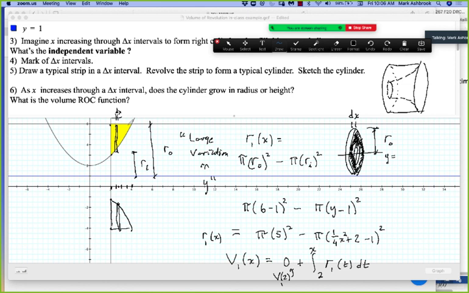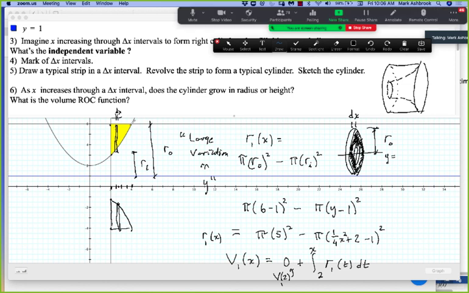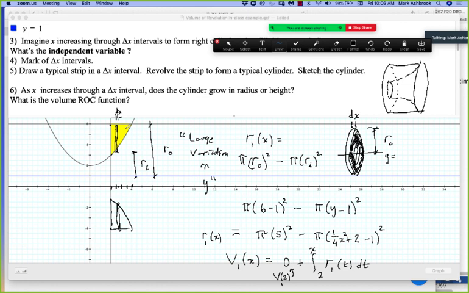So notice, what did we get for the outer radius? We got 5, which was this distance from here to here. That has nothing to do with a y coordinate of 5. See, here's a y coordinate of 5. That has nothing to do with the fact that this outer radius was 5. It was 5 because it was a big variation in y starting from 1 going up to 6.